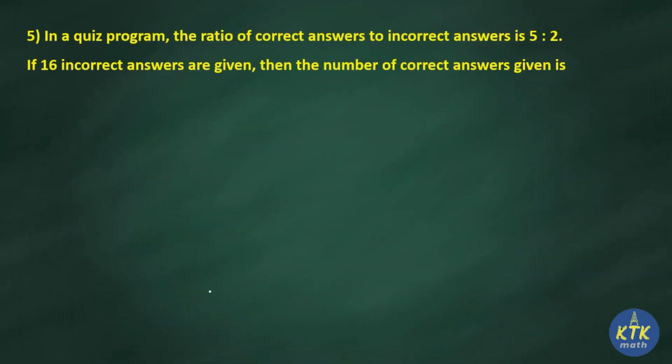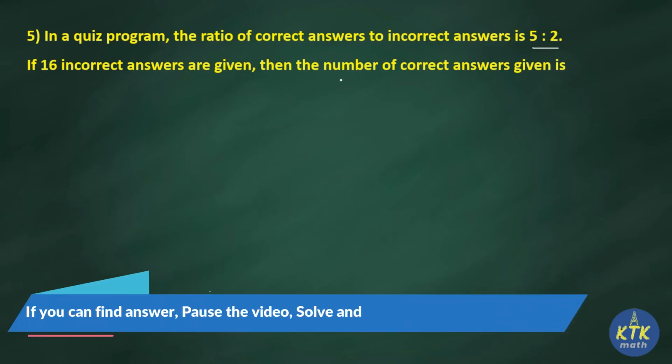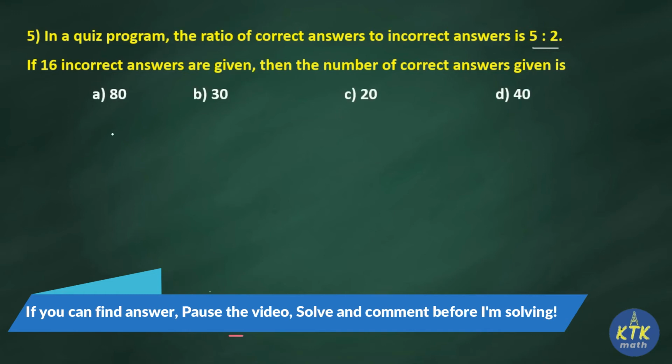Question number 5. In a quiz program, the ratio of correct answers to incorrect answers is 5:2. If 16 incorrect answers are given, then the number of correct answers given is, your options are 80, 30, 20 and 40.